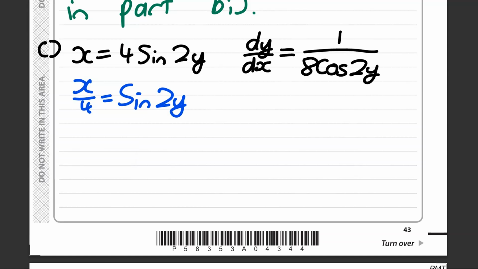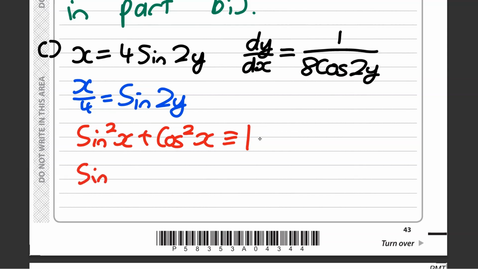If you remember the trigonometric identity, sin squared x plus cos squared x is equivalent to 1. Now here we have sin of 2y and cos of 2y, so if we sub out this x for 2y, it's going to be sin squared of 2y plus cos squared of 2y is equivalent to 1.